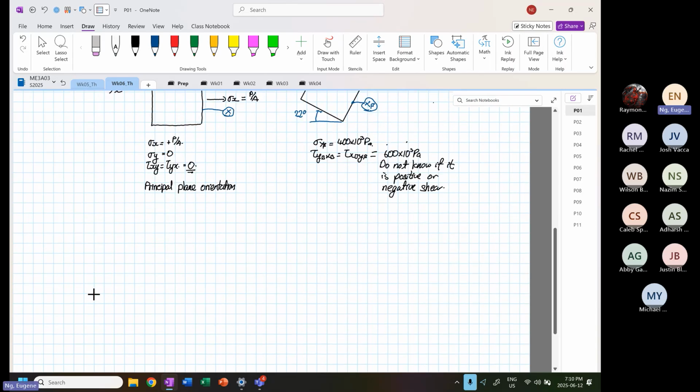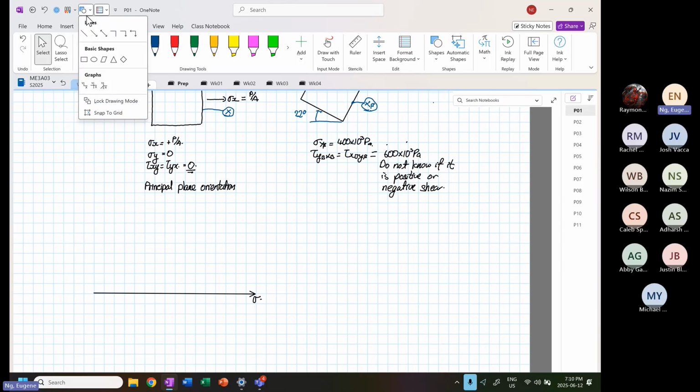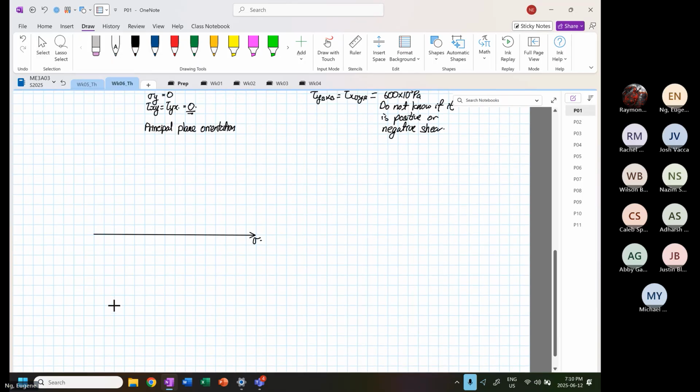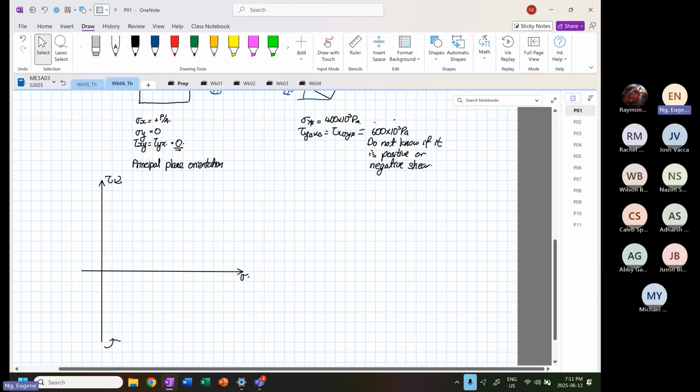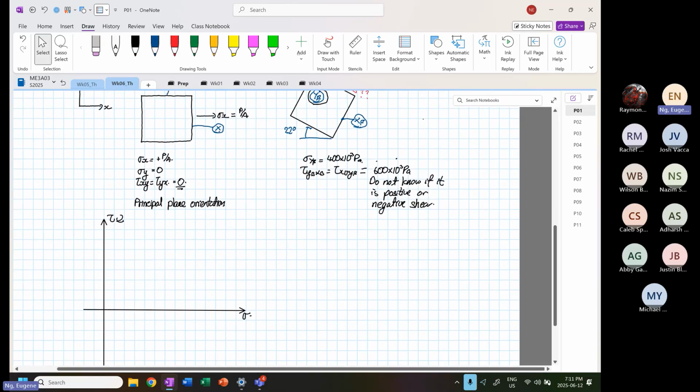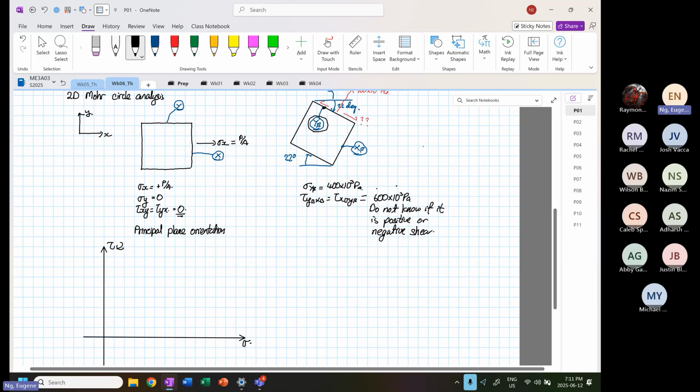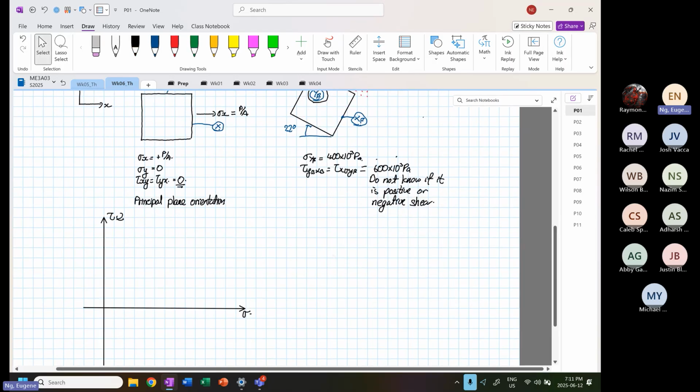So we know that this is our normal stress, and this is our shear stress. Element rotate clockwise, element rotate anti-clockwise. We know that stress X is equal to P over A, and this is our principal plane.